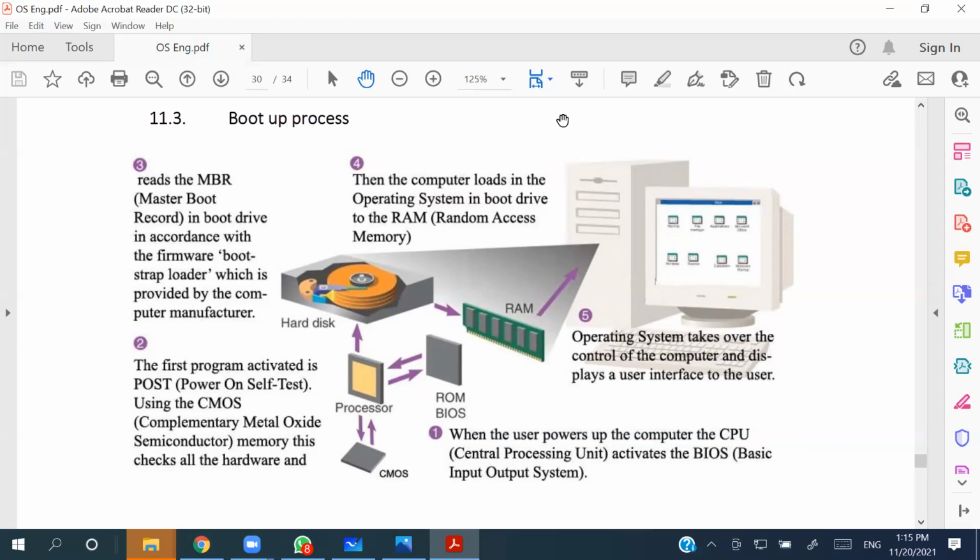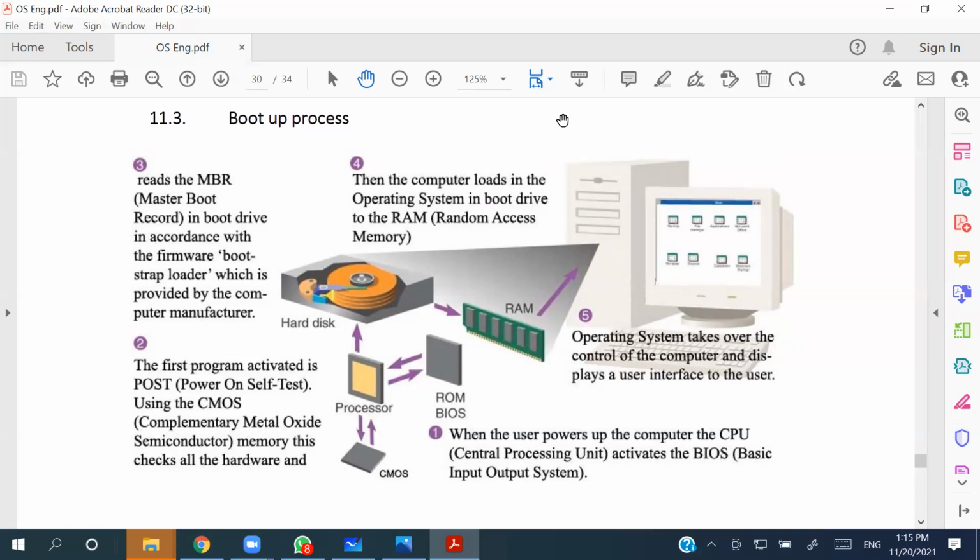The motherboard has a chip called the BIOS chip, which contains a particular program, small instructions regarding what kind of things it needs to check before the operating system comes to play.